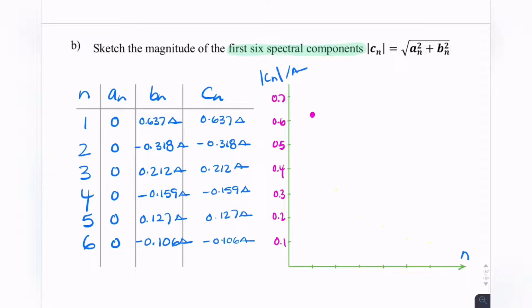The next one is 0.318, that's right there. The next one is 0.212, right there, there, and there.